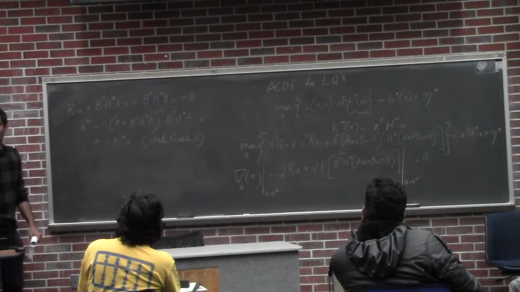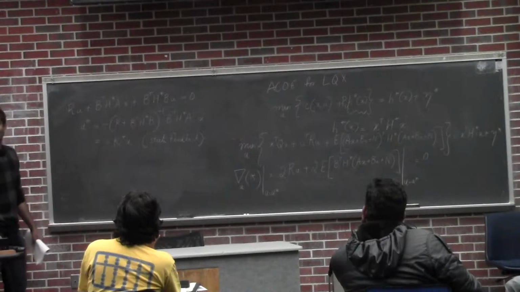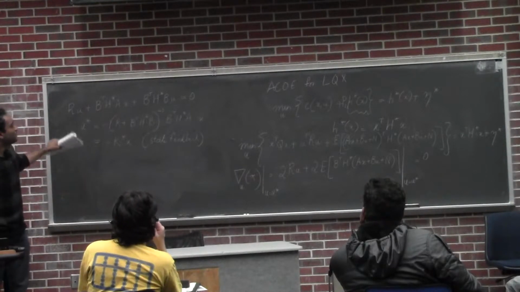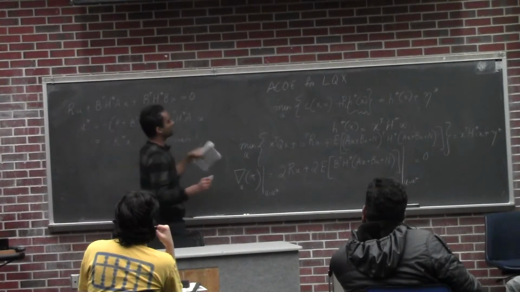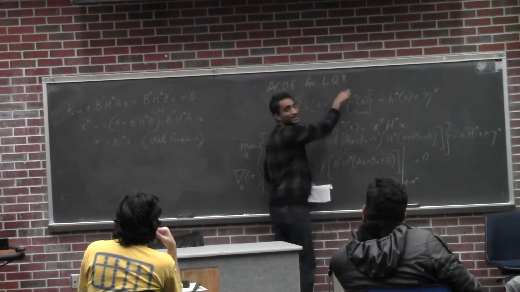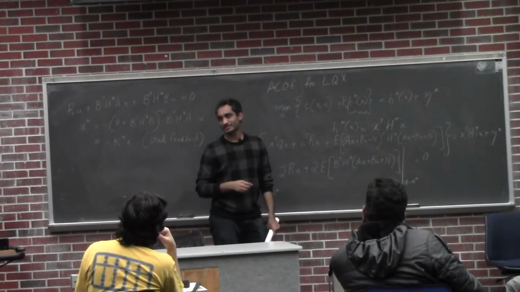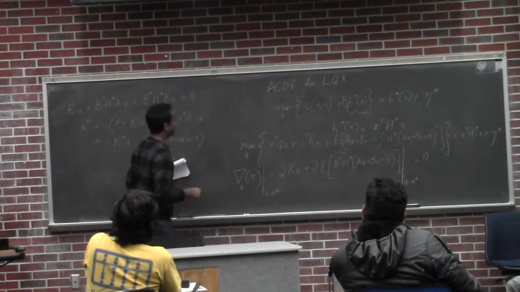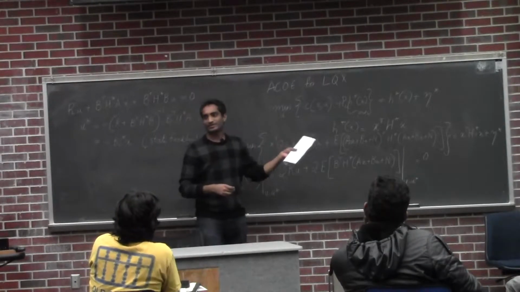So do you see why we didn't have to assume Gaussian in this case? Because if you remember, I called it LQX, not LQG, right? So do you see why we didn't require a Gaussian assumption?